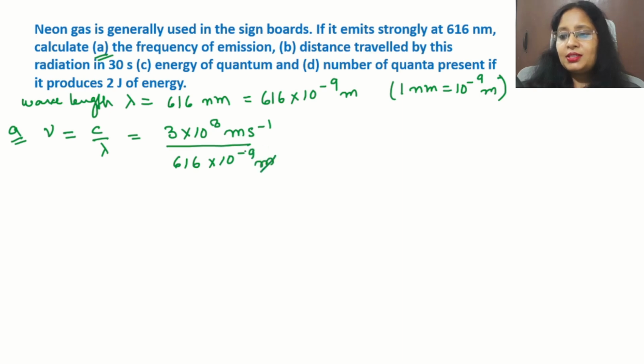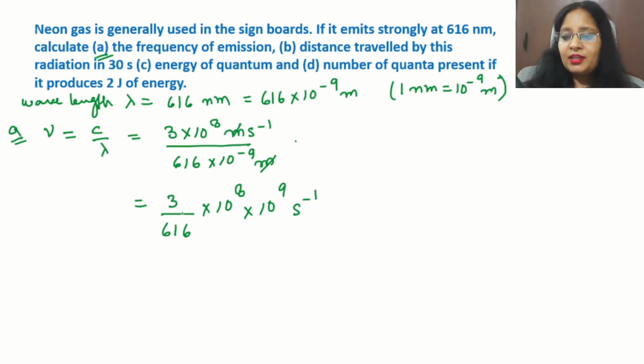Now meter cancels with meter and we can write it like 3 upon 616 into 10 to the power 8 into 10 to the power, now minus 9 will become plus 9, and per second is left over.